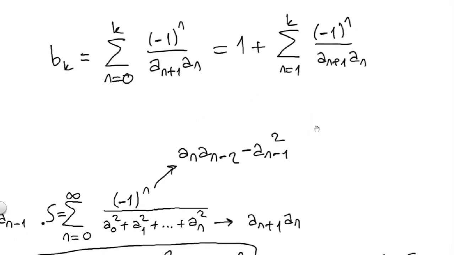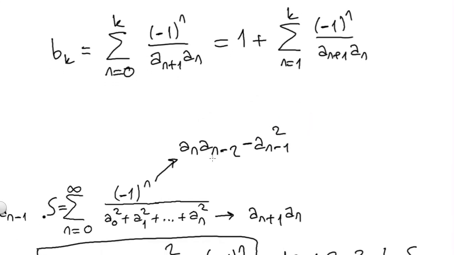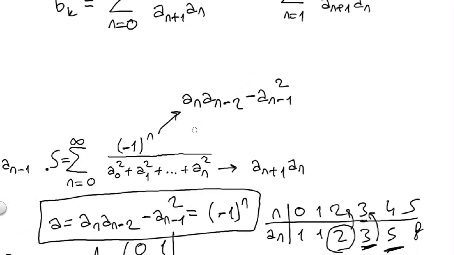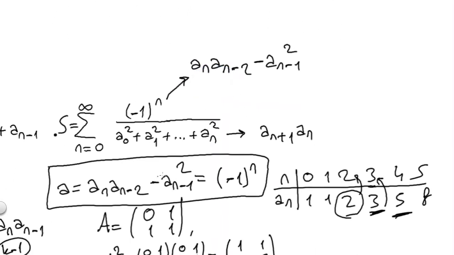Now it's a bit nicer, but I still can't put n equal to 0 here. So instead of having this, this is equal to minus 1 to the n. If I replace n with n plus 1 here, I will get something simpler.